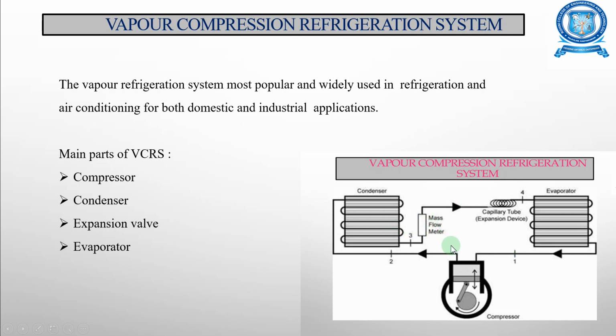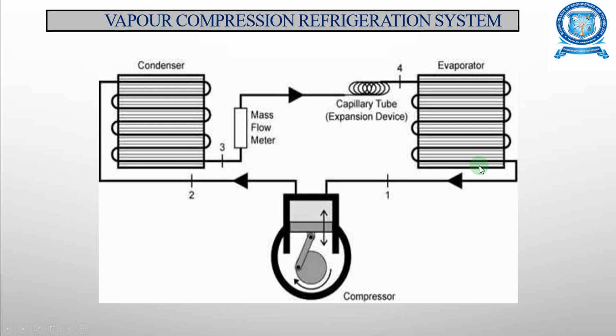The first part is the compressor, in which you can see the piston moving to and fro in the cylinder, and the crankshaft and the connecting rod connected to the piston and the crankshaft. And you can see the condenser unit, the expansion valve, the capillary tube, the mass flow meter and the evaporator. These are all the main parts of the vapor compression refrigeration system.